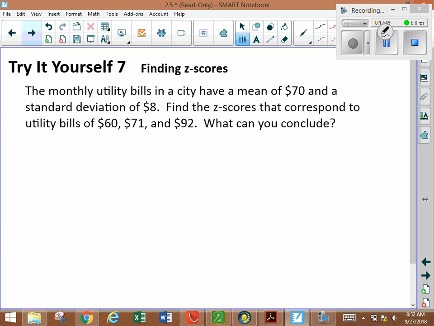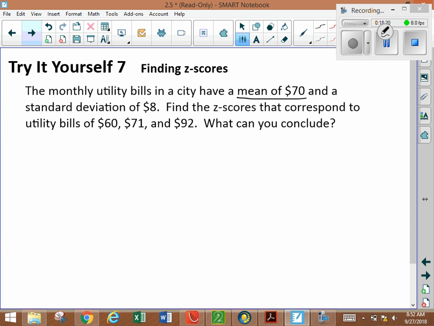First thing, we've got some important information in this particular paragraph. First of all, I see a mean of $70. That makes me say that it's all the monthly utility bills in the city, right? So do I use x bar or do I use mu?